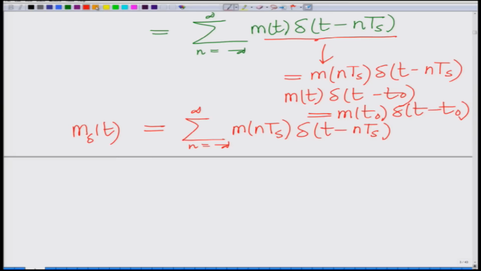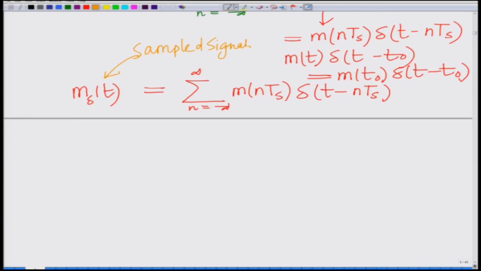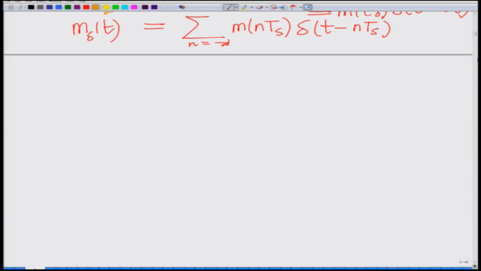This is basically your sampled signal. So, the sampled signal is the summation n equal to minus infinity to infinity of m of n Ts into delta t minus n Ts, and what we are doing is very clear.